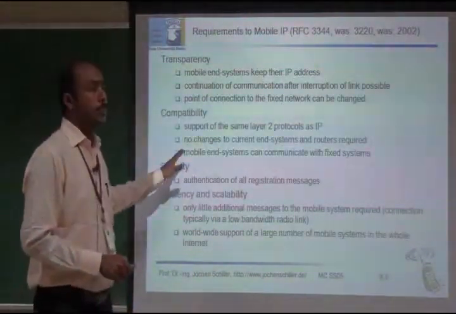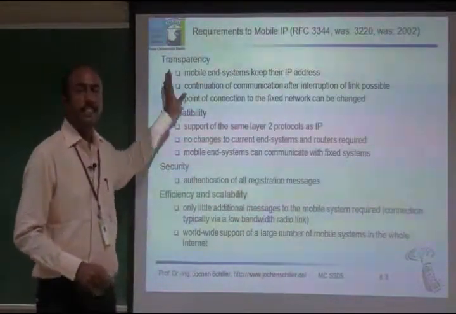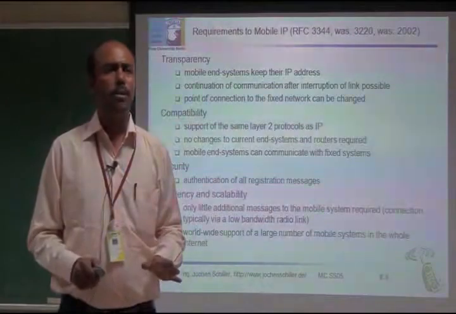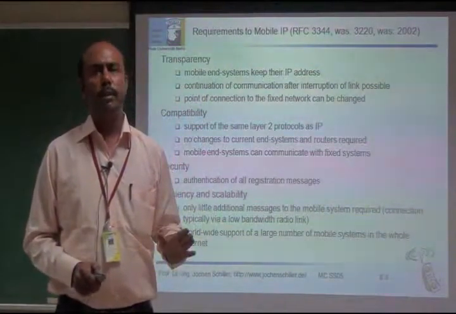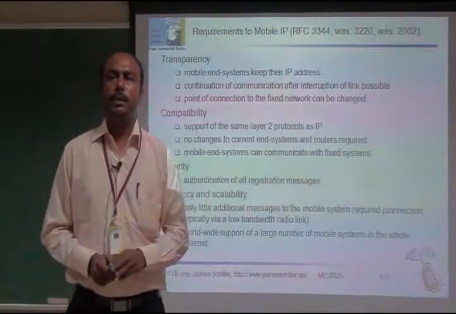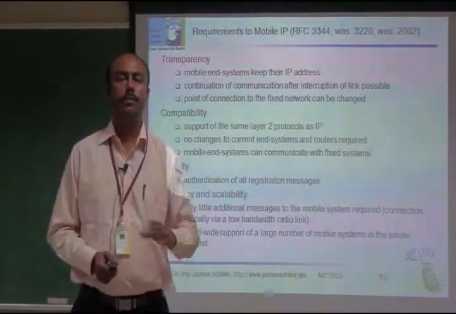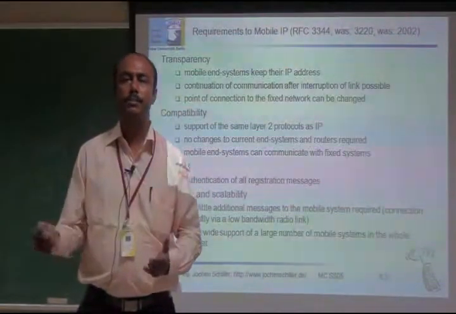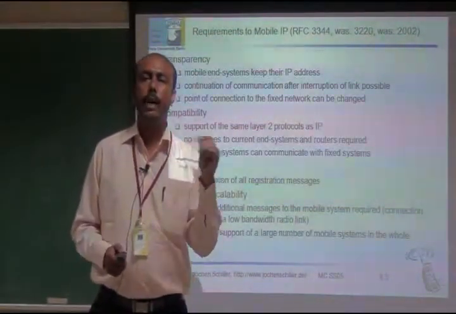These are the requirements of mobile IP. Transparency: it is invisible to the users. Let us take an example, there are 10 nodes. The first node transmits data to the 10th node, but the first node should not know about the presence of the 10th node, it only knows the IP address.